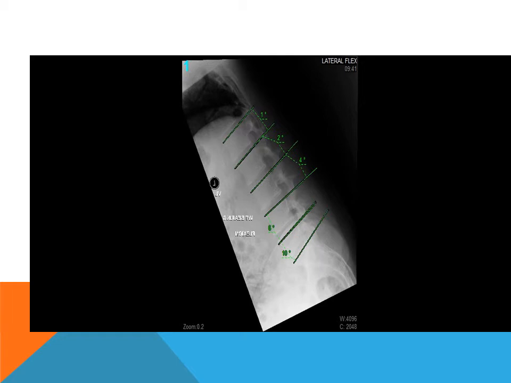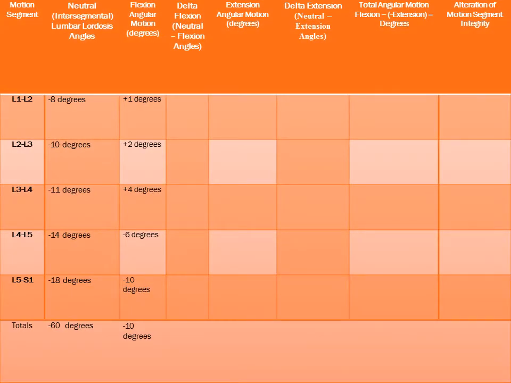The next one, L3, L4, is 4 degrees. L4, L5 is minus 6 degrees. And L5, S1 is minus 10 degrees. Record those in your table. And you can see here that I've recorded those on the table in column 2.